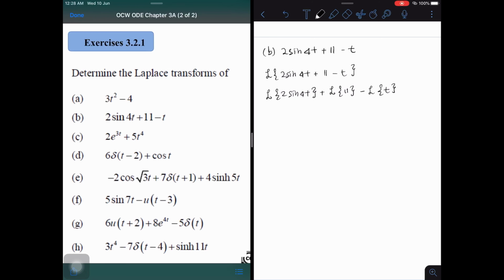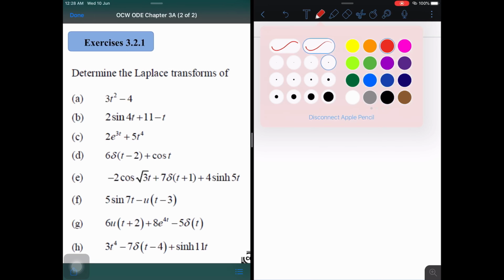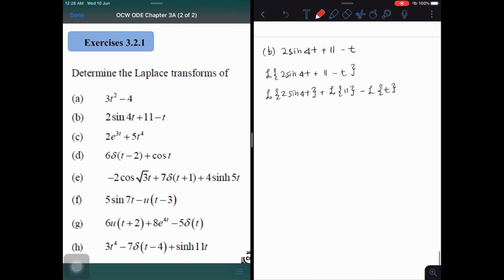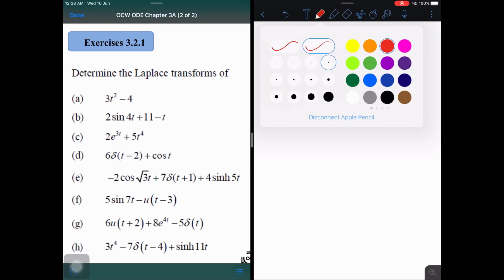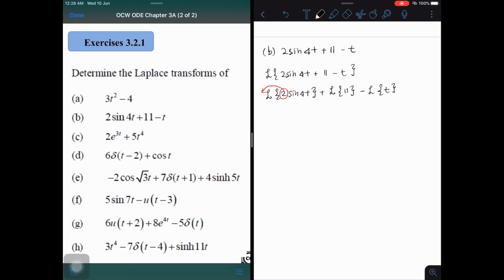Now you have a constant 2 in front of sine 4t, so the constant 2 can be brought out from the Laplace transformation because it's a constant. Therefore what you have here is 2 times the Laplace transformation of sine 4t, plus the Laplace transformation of 11, minus the Laplace transformation of t to the power of 1.